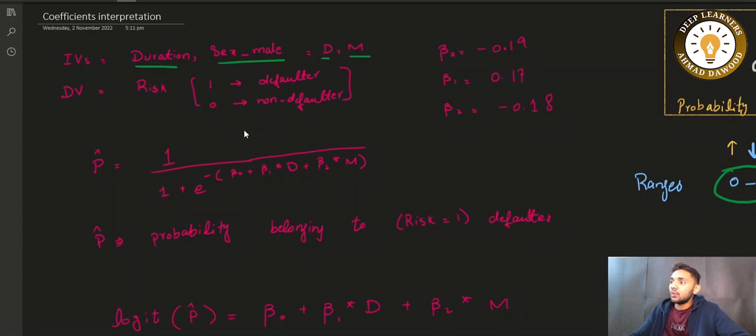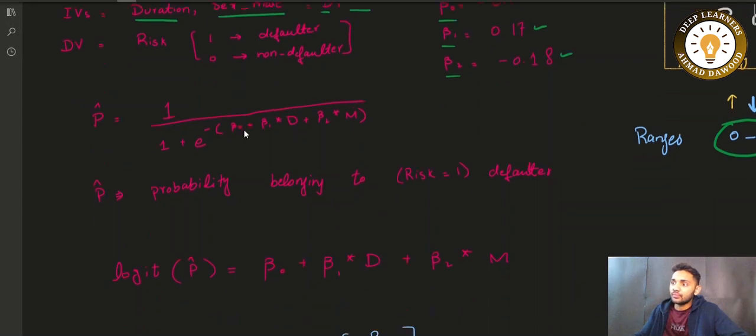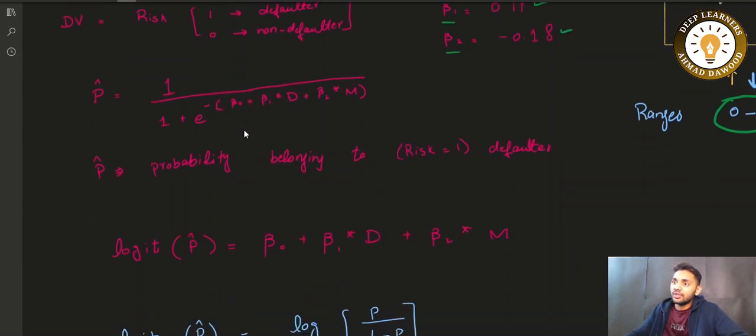Okay, corresponding to this, B0 is the intercept, B1 is the coefficient with respect to duration, and B2 is the coefficient with respect to male. In this way we have the equation 1 over 1 plus e raised to the power minus the coefficients into our variables.